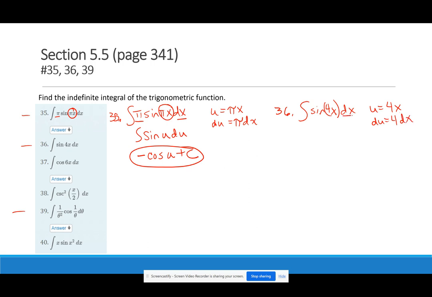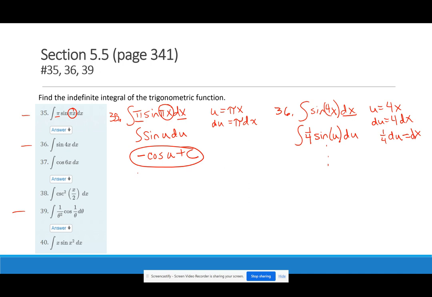And you just have a dx, so you need to get the 4 out of the way. Okay. So I'm going to replace the 4x with u and the dx with 1/4 du, but I'm going to write the 1/4 here and the du there. So it's kind of organized, ready to go. Still haven't integrated. Now I'm going to integrate.